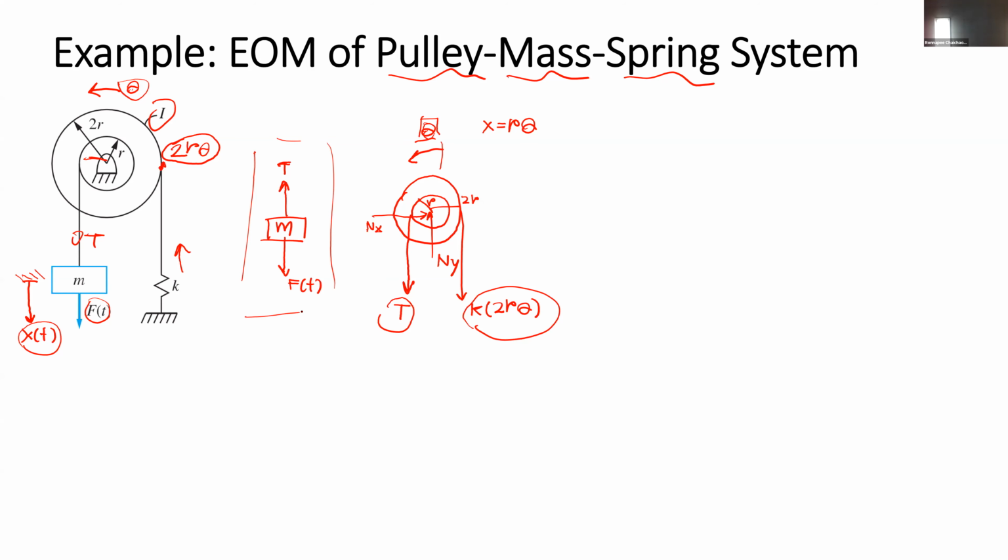The equilibrium, the second law of Newton applied to the mass, is the summation of F in the vertical direction equal to m a x, and we're going to put downward as positive. So we have Ft subtracted by the tension in the rope equal to m x double dot.